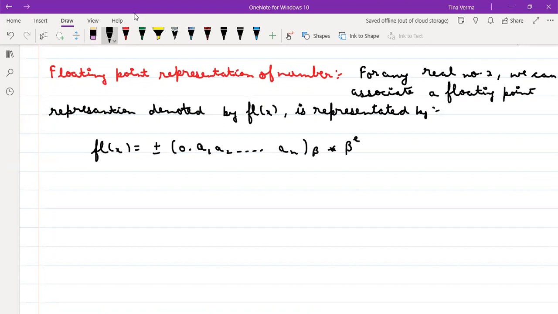Firstly we will discuss the definition, then we go for the example. So what are these actually?